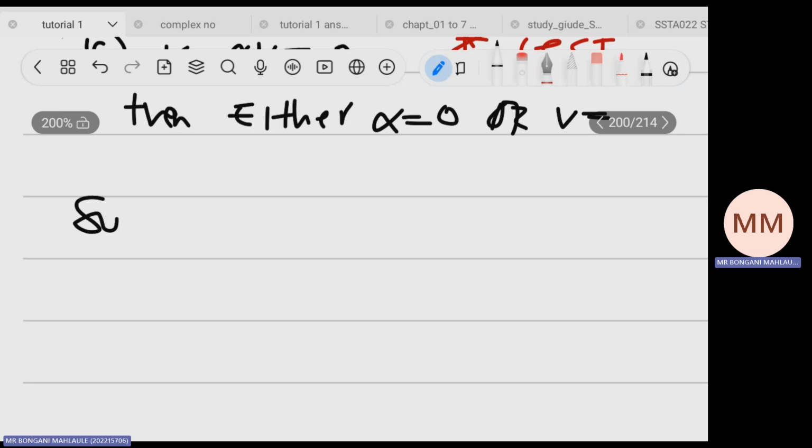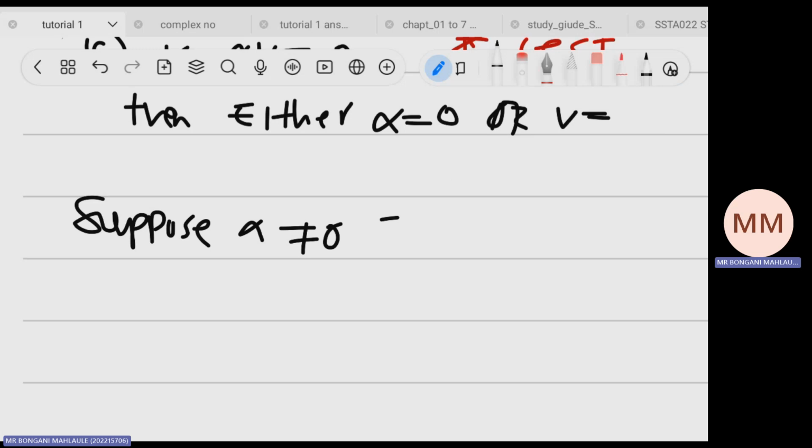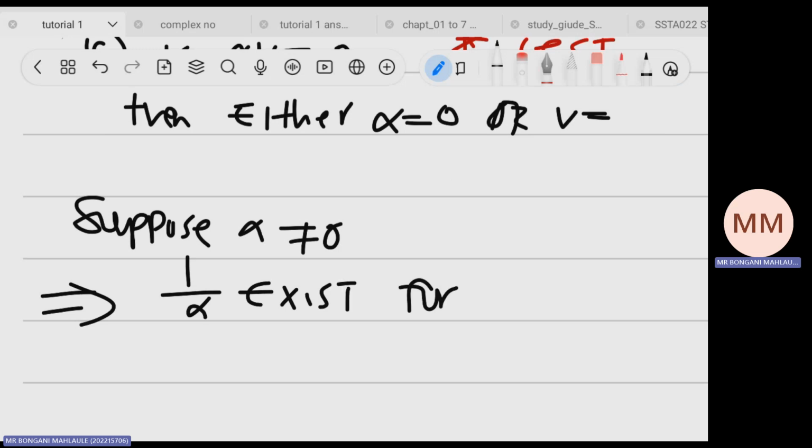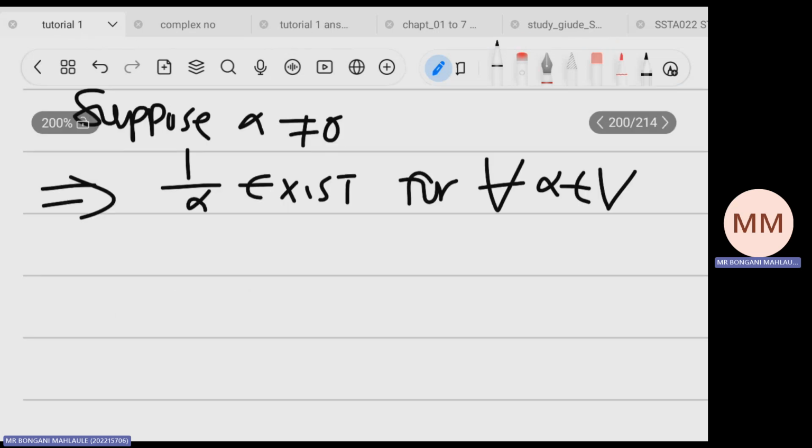So we're going to suppose alpha is not equal to 0. So this implies that 1 over alpha exists, for all alpha nonzero in the field.